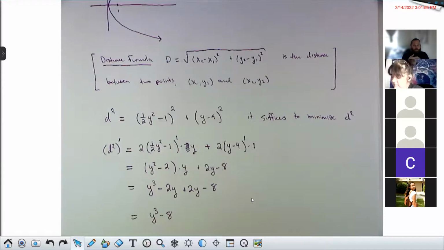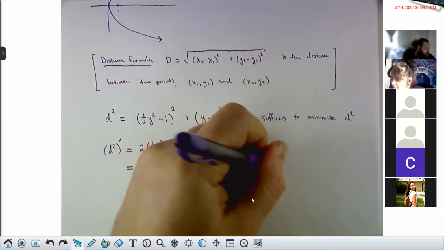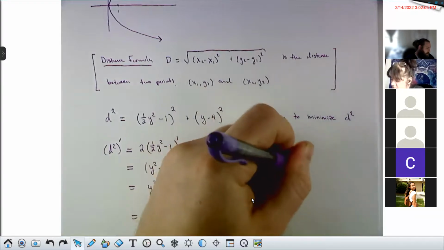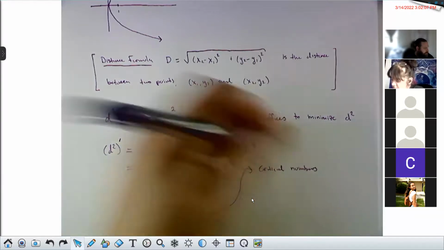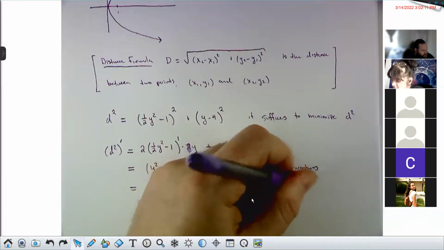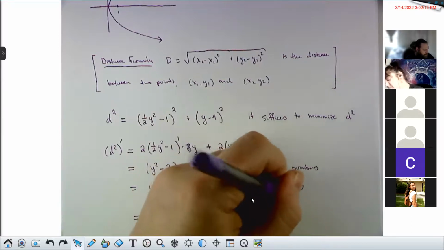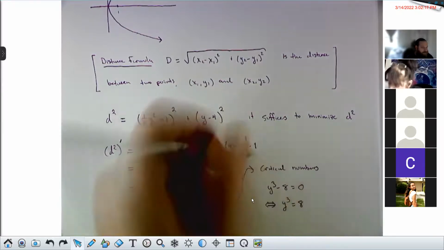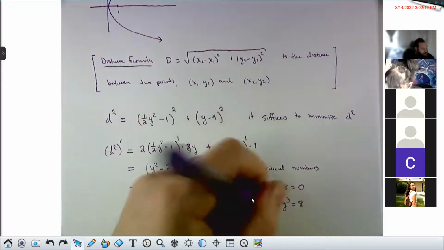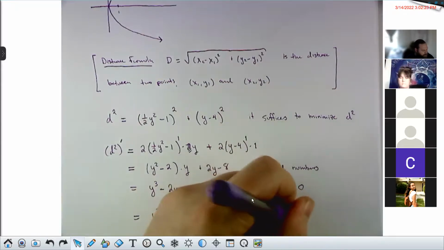My critical numbers will come from setting this equal to 0. Adding 8 to both sides, we get y cubed equals 8. And then taking the cube root on both sides, the cube root of 8 is 2.